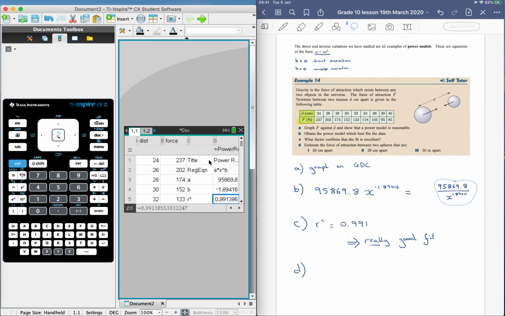So what I might do is I might just imply that what we've found here is that actually our f is roughly equal to, and that shouldn't be an x, that should be a d in this context. Okay, now that is what we're going to use here, this thing here. So let me just highlight that. That's what we're going to refer to.